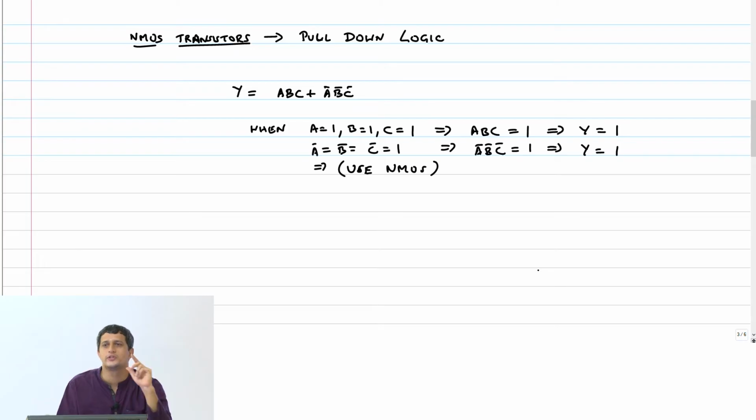Therefore, what you have to do is first invert the function if you want to implement any arbitrary Boolean function in static CMOS logic.